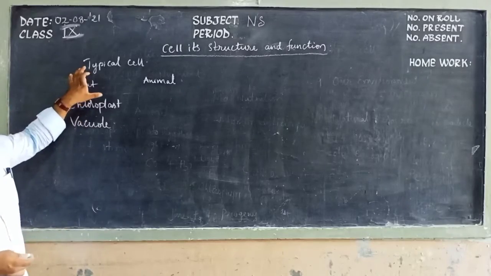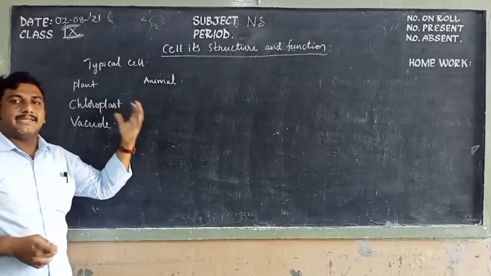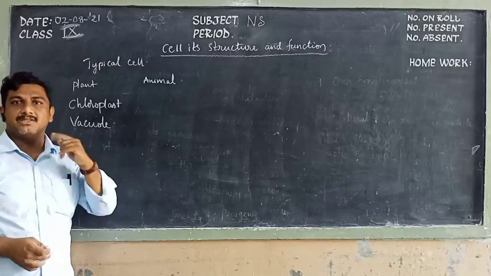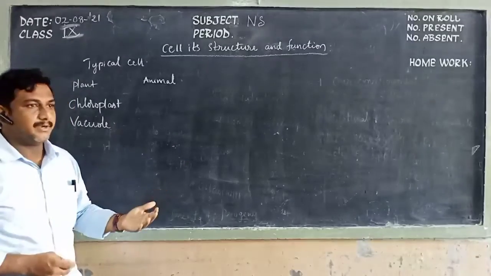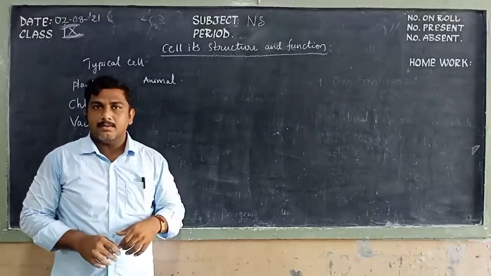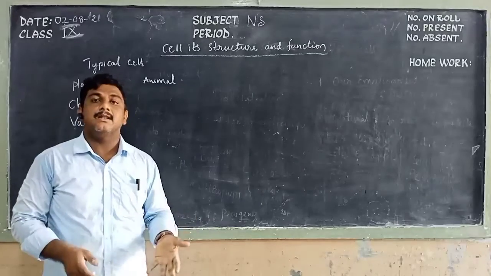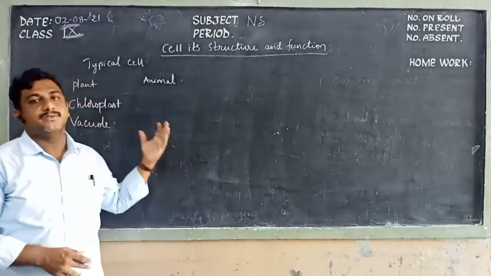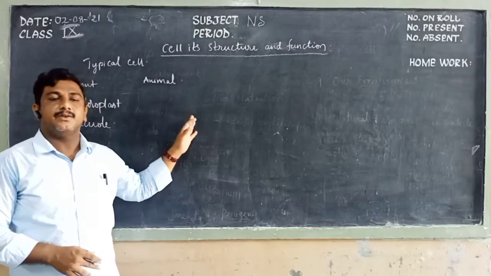Okay, this is in 8th class. We learned about onion peel cells and also checked cheek cells. So we performed two activities. In the plant cell we observed a thick cell wall, but in the animal cell we observed a thick plasma membrane, the cell membrane. Under the simple microscope we are able to see only the nucleus.